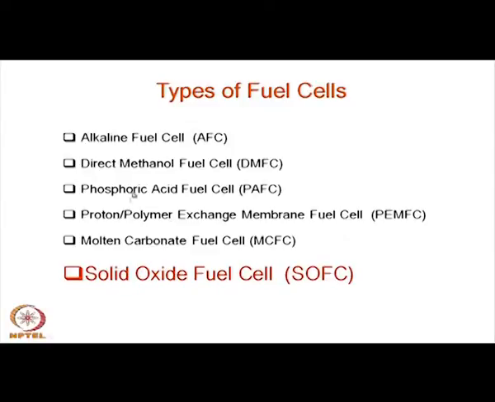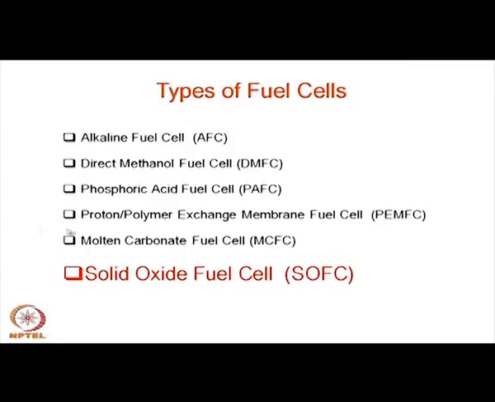So, compared to phosphoric acid, this is a solid electrolyte, but in both, the charge carrier is basically the hydrogen ion. The protons are the basic charge carriers and one can make membranes. In fact, the electrolyte in this case is called the membrane because it preferentially allows hydrogen ion to pass through.